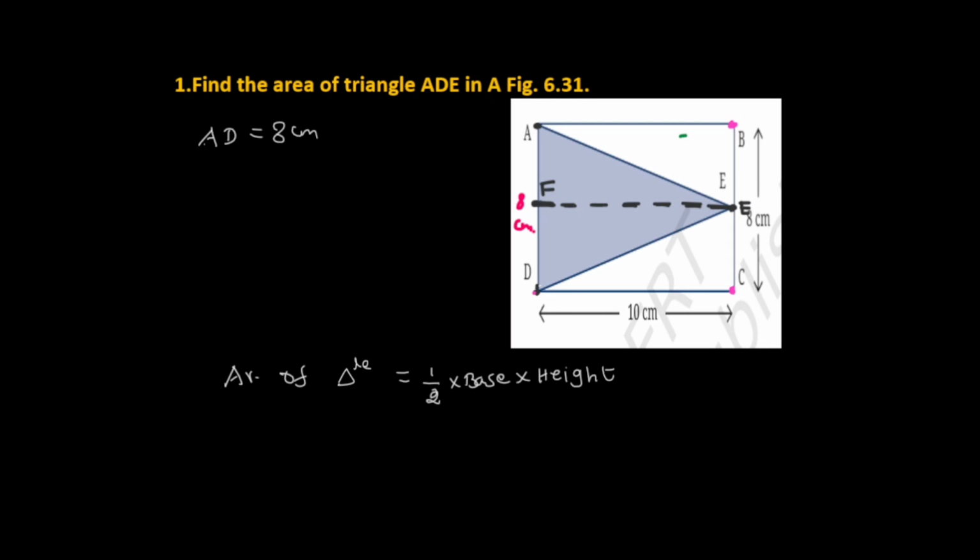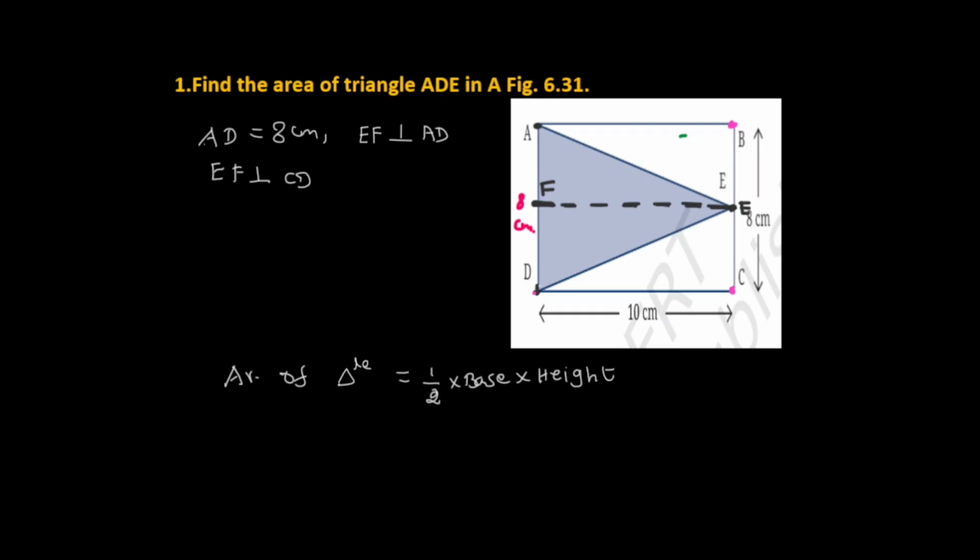What is the length of EF? You know very well here EF is parallel to CD. How we got EF means we are constructing that one. EF is constructed perpendicular to AD, like that we are drawing a line.